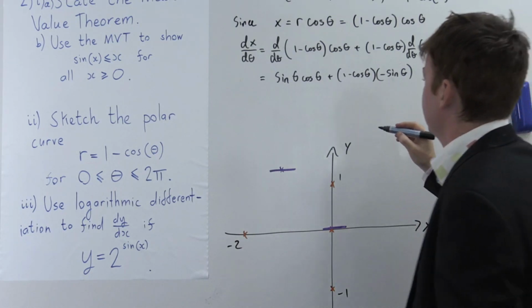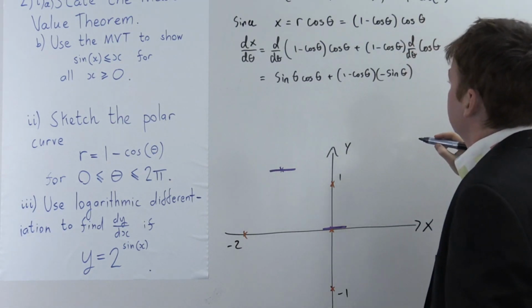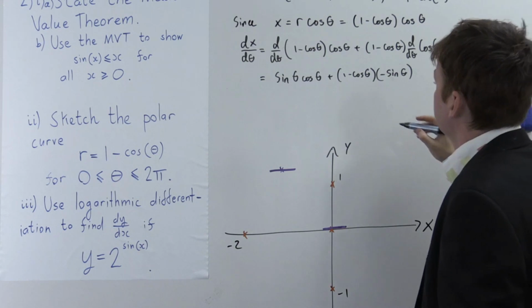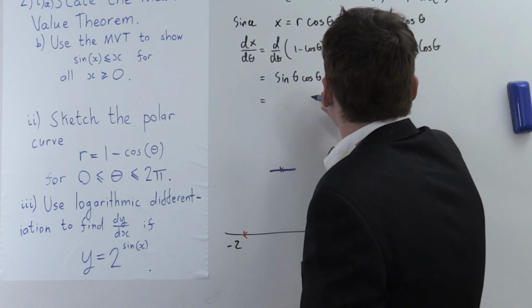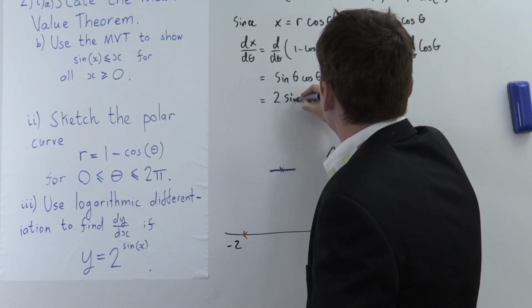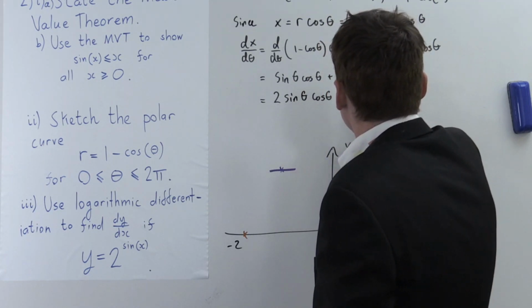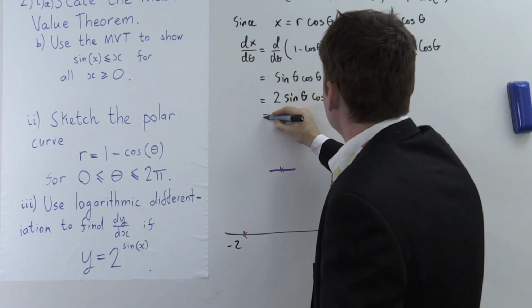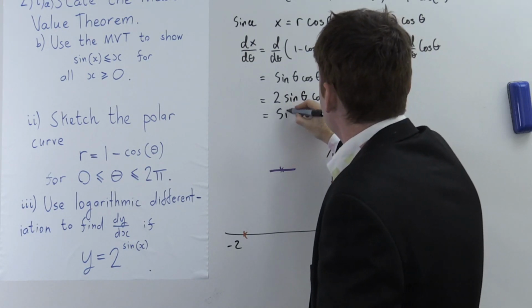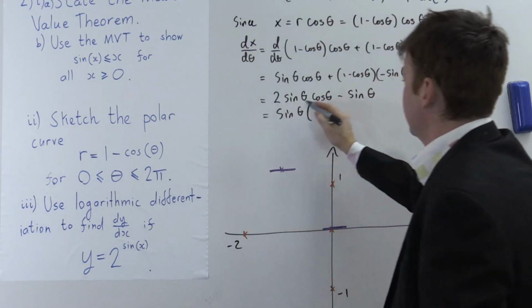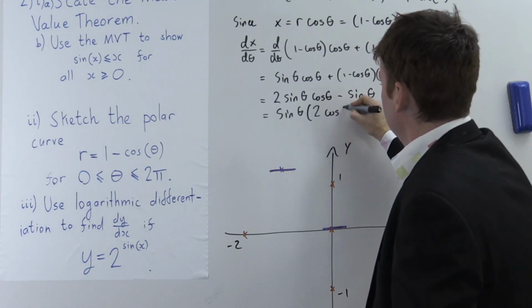All right, I'm just going to roll with it as if it is correct. So I guess 2 sine theta cos theta. Oh yeah, no, this is fine. Sorry, I'm just going crazy. Sine theta times 2 cos theta minus 1.